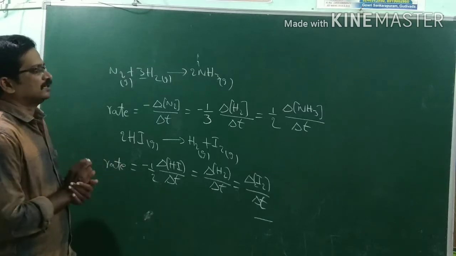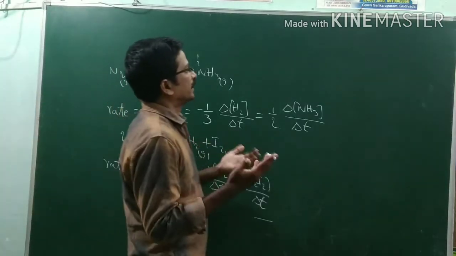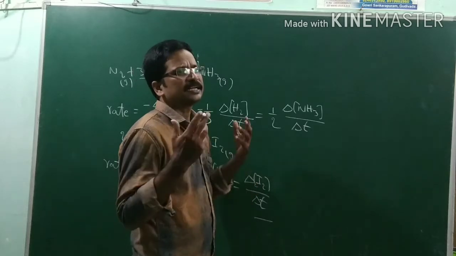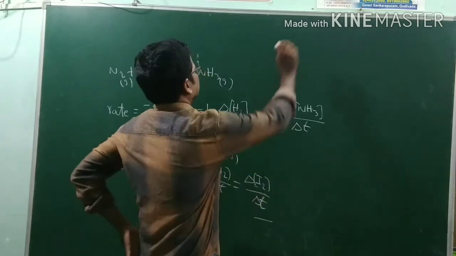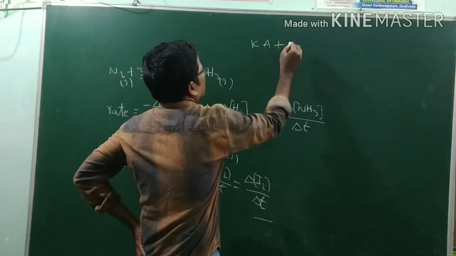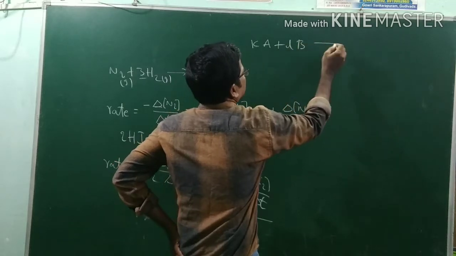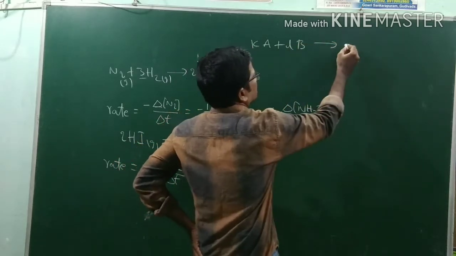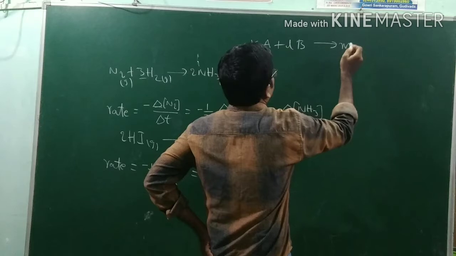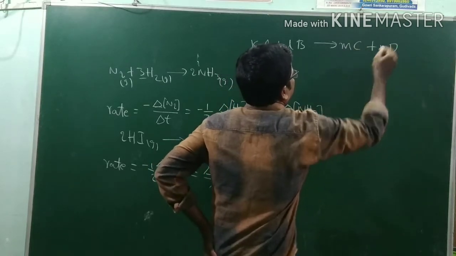In general, how do we write the rate for any general chemical equation? kA plus lB gives rise to mC plus nD.